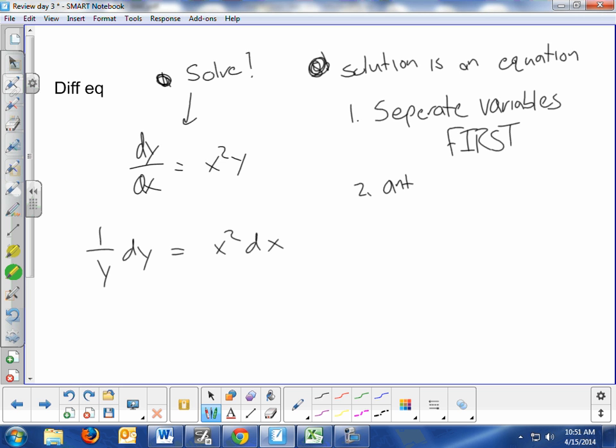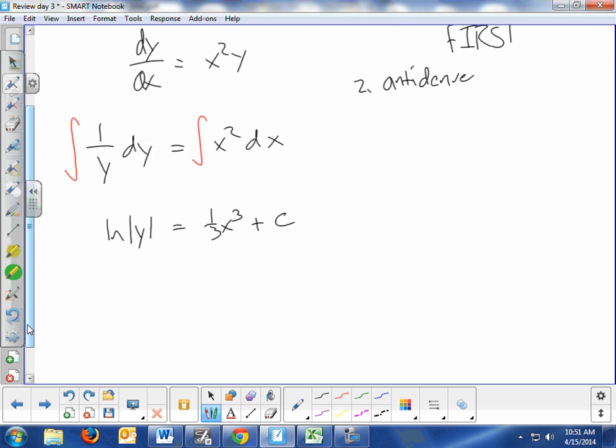Second step is to find your antiderivatives. You would get log absolute y plus a c, but what we can do is move that c over here and make it a different c.